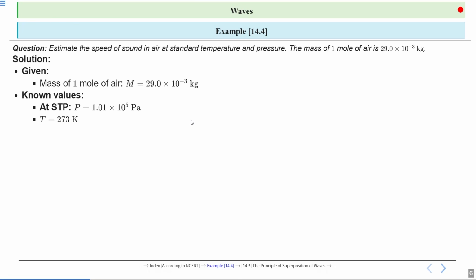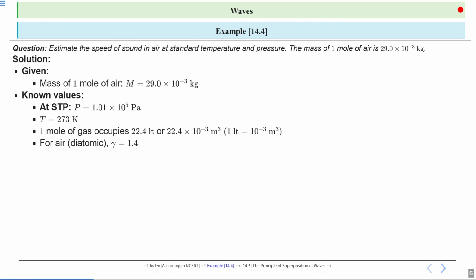Remember, Kelvin is the SI unit for temperature and 273 Kelvin is equivalent to 0 degree Celsius. 1 mole of any ideal gas occupies 22.4 liters at STP, which is the same as 22.4 into 10 to the power of minus 3 cubic meters.